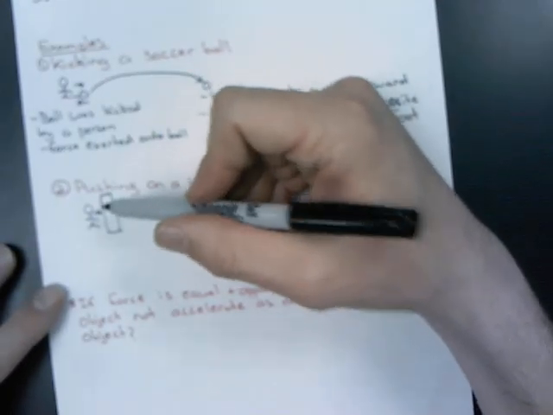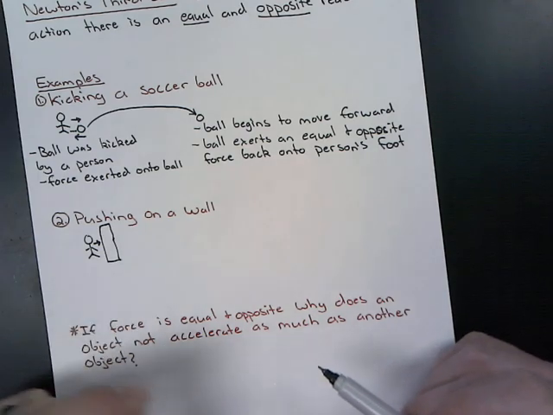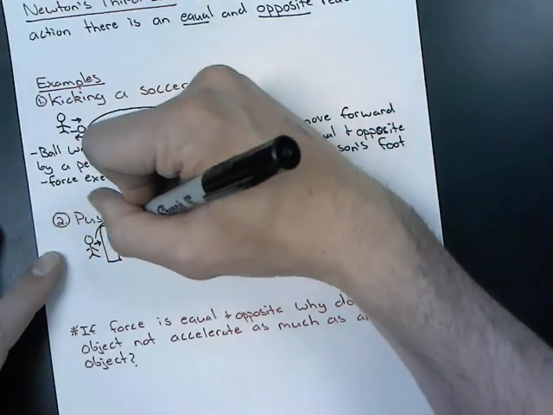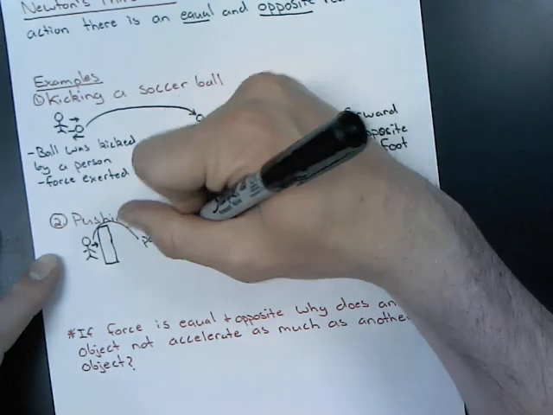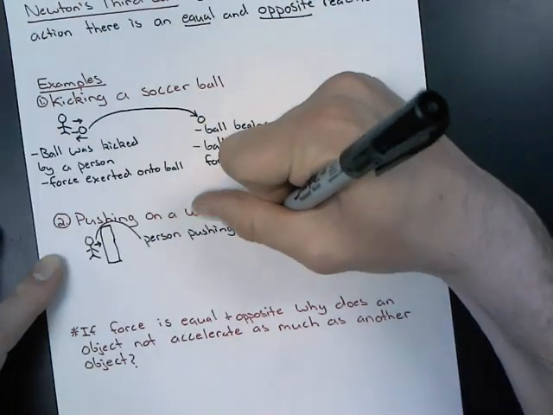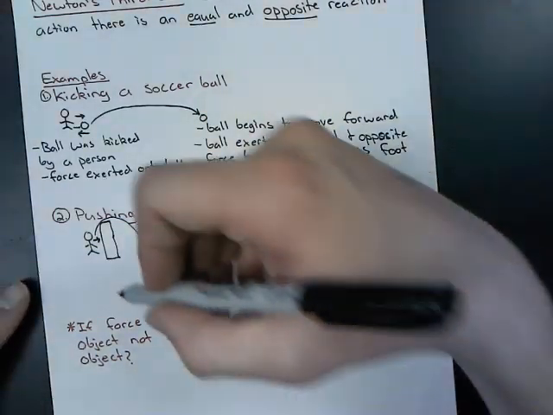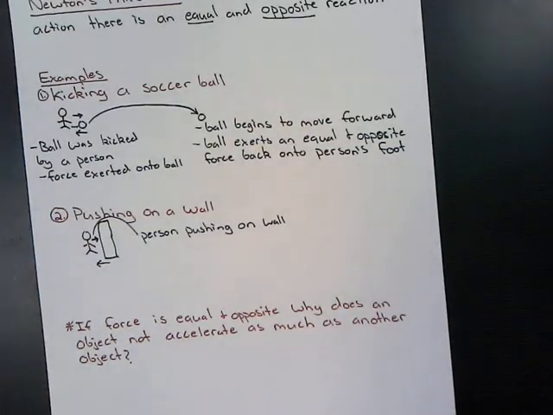This arrow represents that this person is pushing up against that wall. Now, at the same time, the wall is pushing back onto that person with an equal and opposite force.